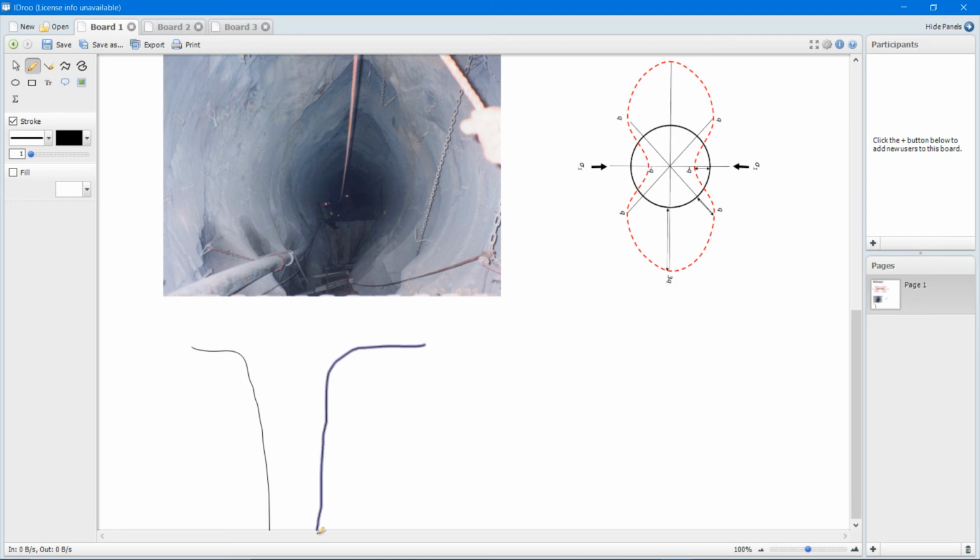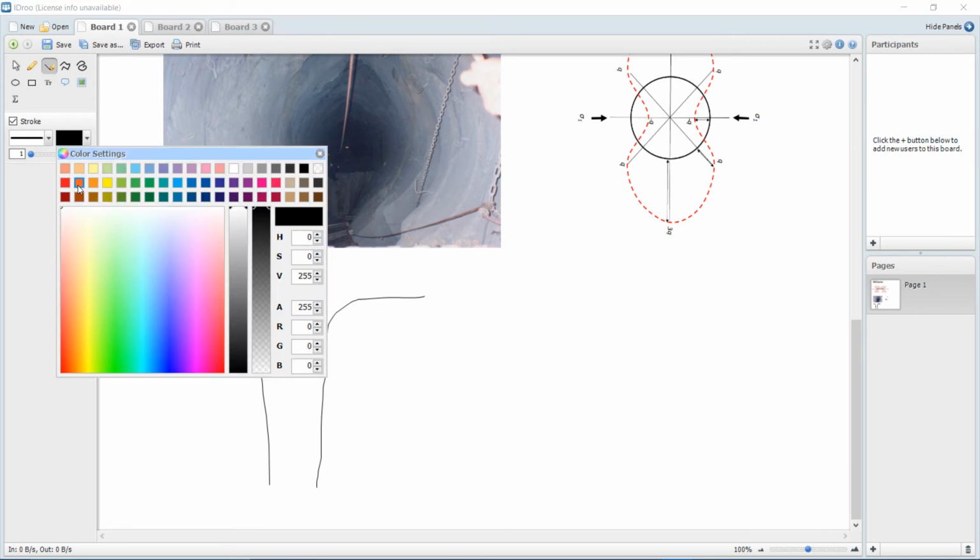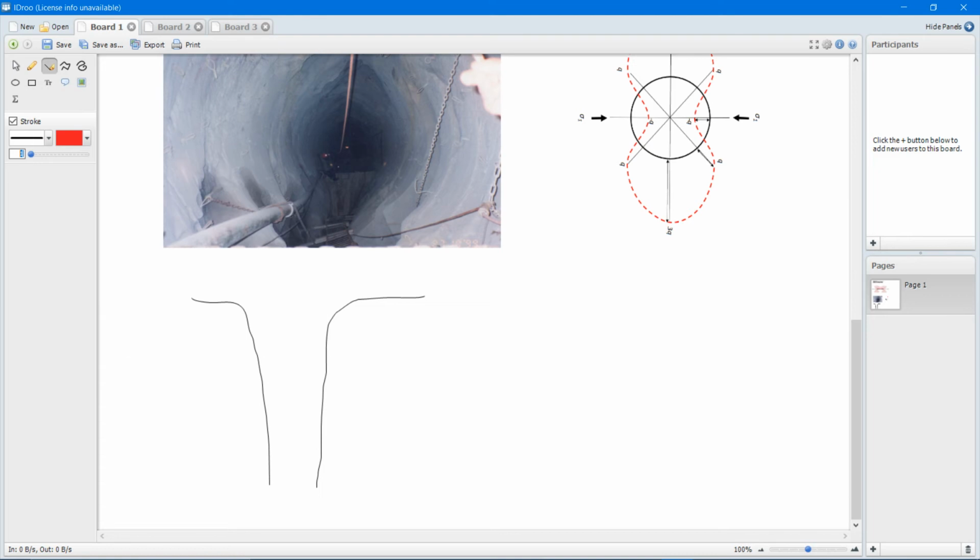let's say that's your shaft right there. And they've said that they are vertically aligned stresses. So your vertically aligned stresses would go directly down along the periphery of your shaft. So that would look a lot like that.